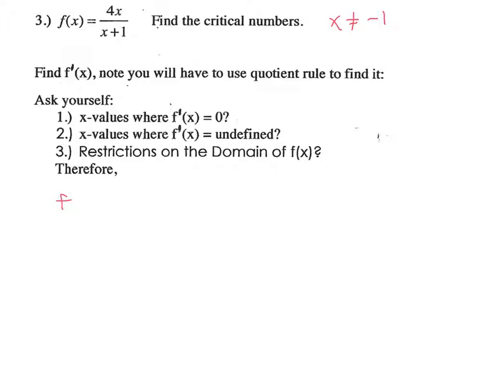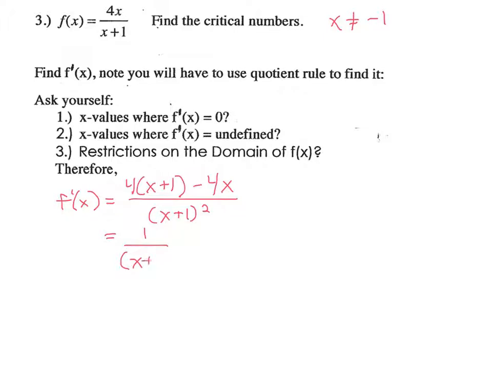So the derivative is going to be, using the quotient rule, 4 times x plus 1 minus 4x times 1 all over x plus 1 squared. And if I simplify that a little bit, I will get 1 over x plus 1 squared.